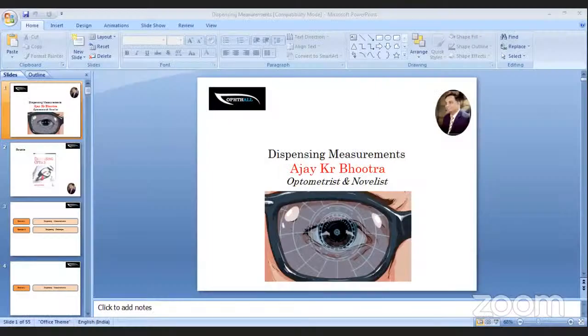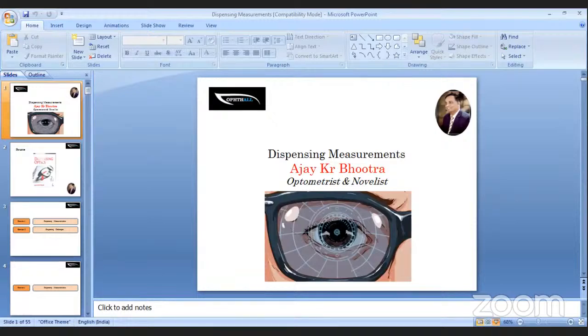Is this visible, Mr. Hari? Yes, sir. The new slide is visible with dispensing measurements. Make it as slideshow. This is on the slideshow mode only. Your screen also in maximize, not in minimize? Yeah, it's maximized. Okay. Can I start now? Yeah, proceed.